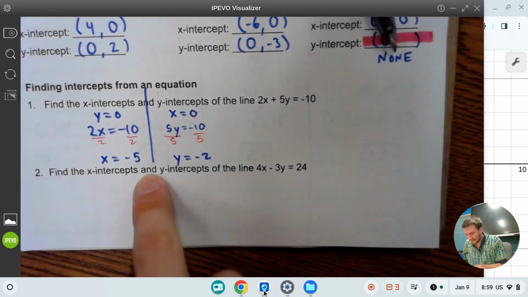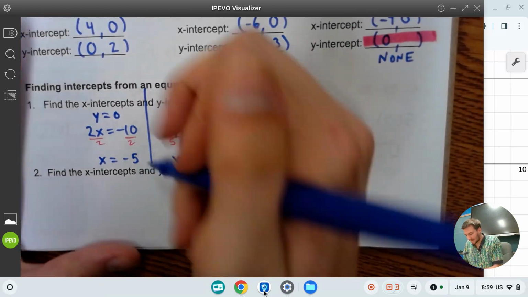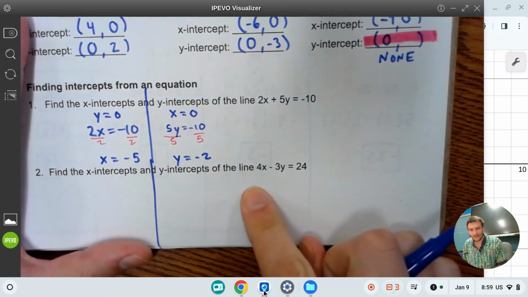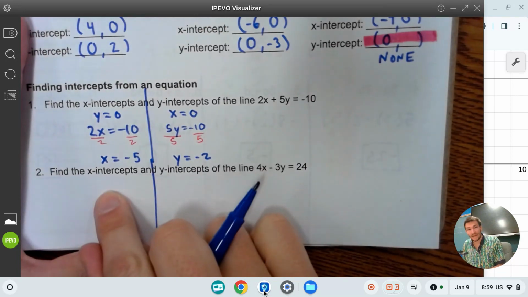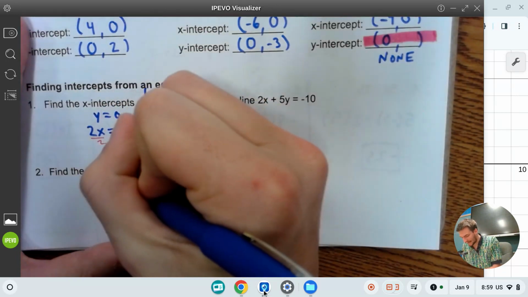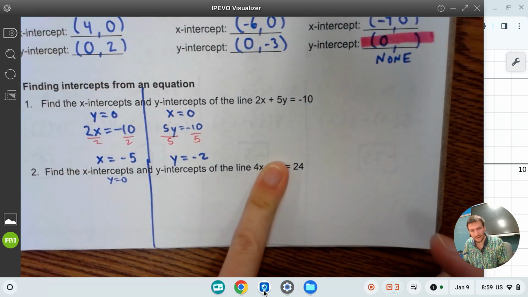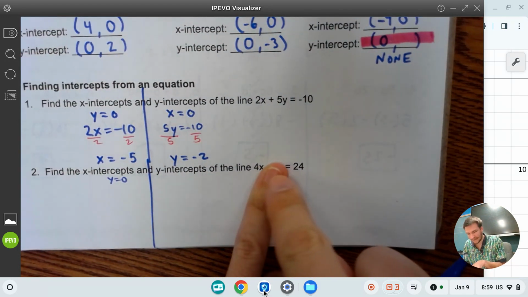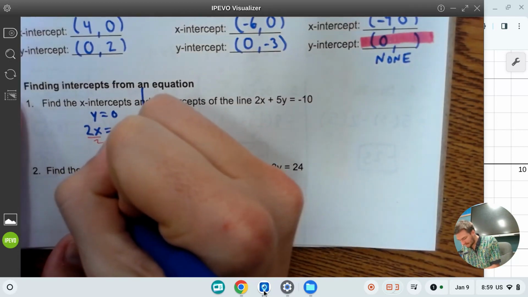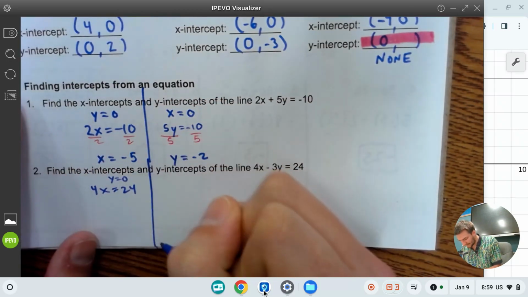Last piece here. We're going to do this last question. We have x-intercepts and y-intercepts. Starting with the x-intercept, we know that the y is going to be 0. So if I look over here, I can cover up the y. All I have left is 4x equals 24. 4x equals 24.